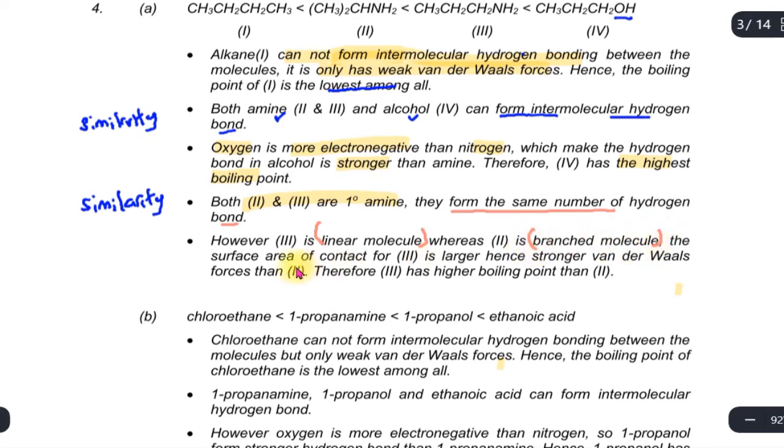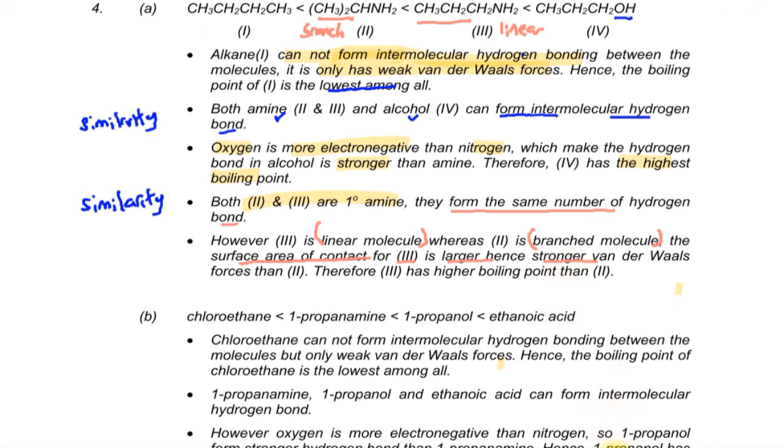So you have to explain. This one is linear, or straight chain compound, and this one is the branched amine. The surface area of contact for the linear one, the straight chain amine, 1-propanamine, is larger, so it has stronger van der Waals forces compared to the branched amine.